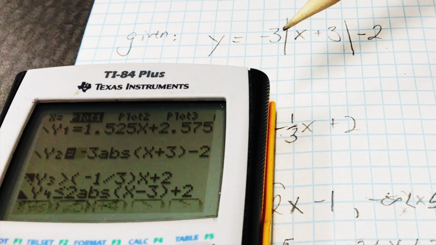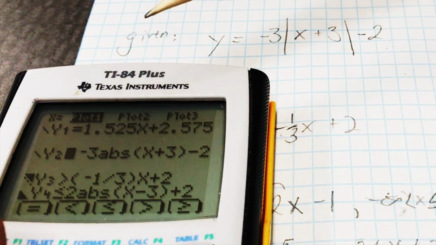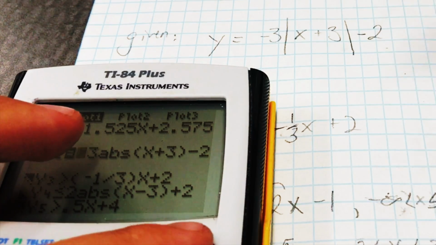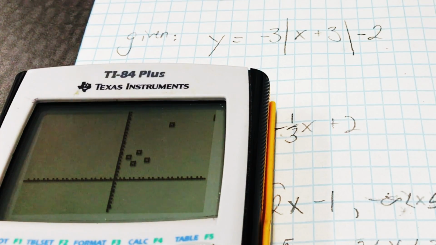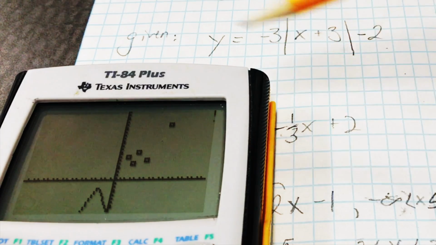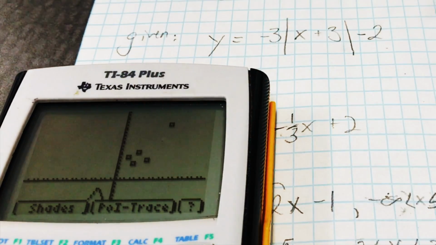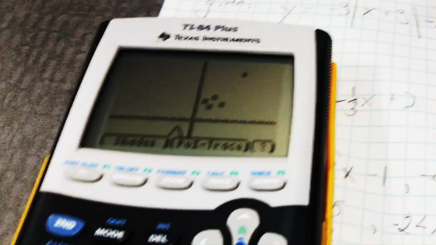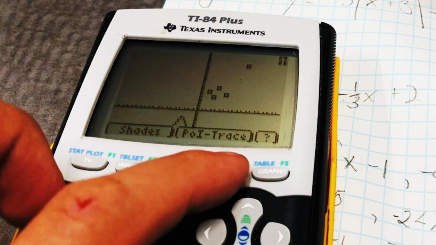I want to next make sure that's highlighted right there. And I'm going to graph it on here, but I also want to just check to see what it looks like. All right, so its vertex is going to be down there. One thing you can do to check what that vertex is is go to second calc.